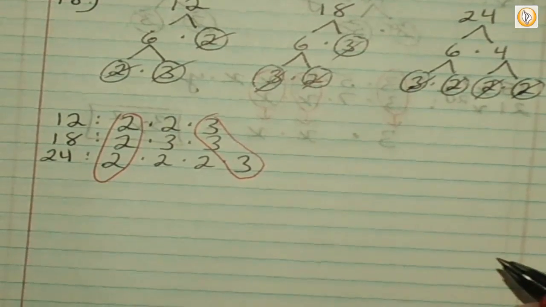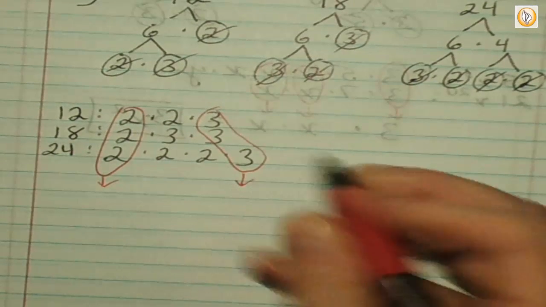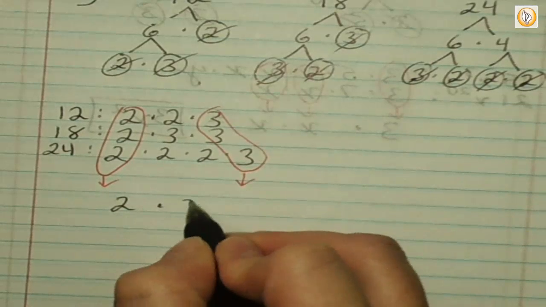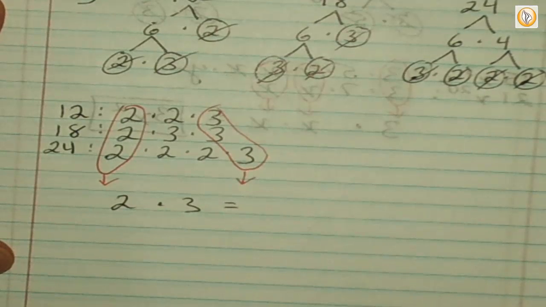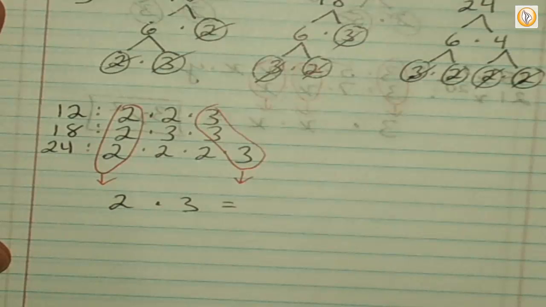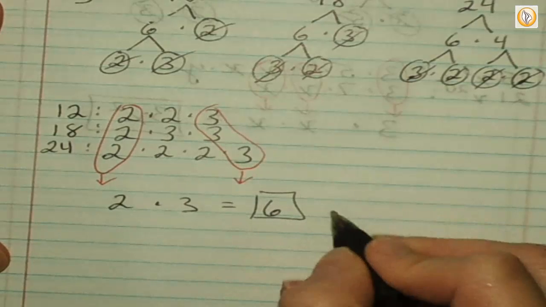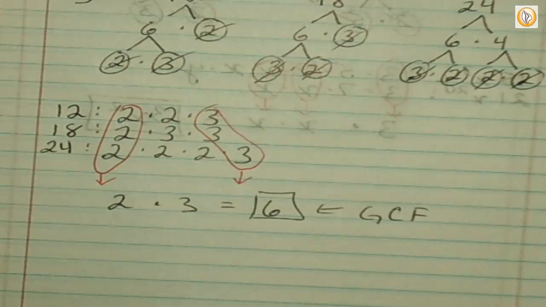Do y'all see that? So they only have a 2 and a 3 in common. So Izzy, what is their GCF? 6. Very good. Their greatest common factor is 6. Any questions about that problem?